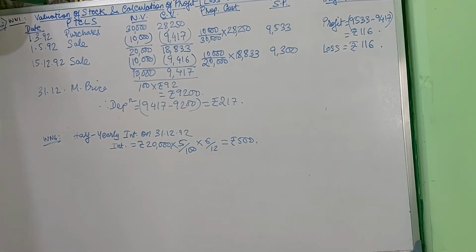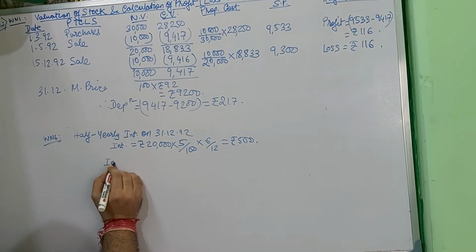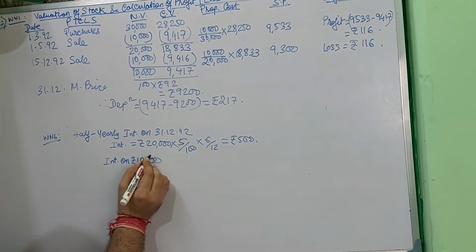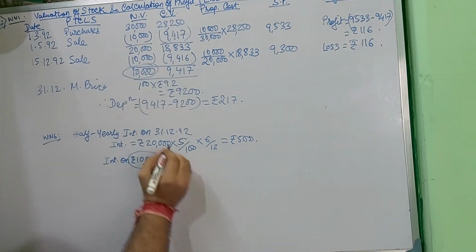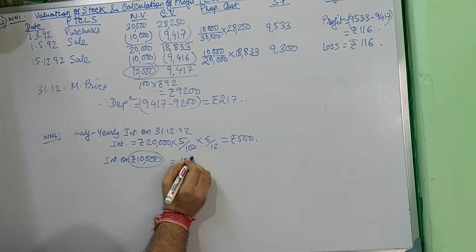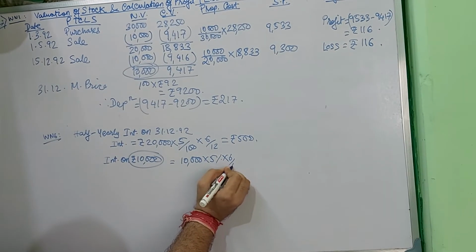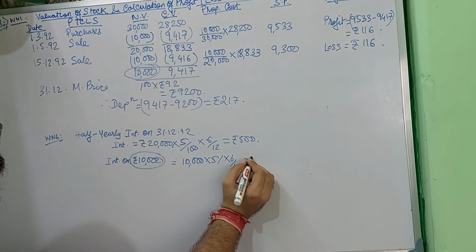In that case, interest on rupees 10,000, how can you calculate? 10,000 into 5% into 6 by 12, it is obviously 250.